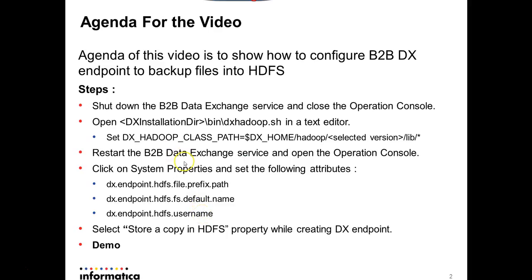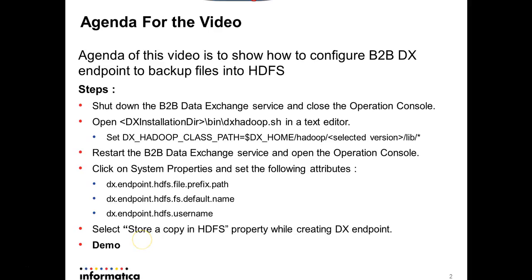properties in your system property tab, after that, the last thing that remains is when you create an endpoint and you want the DX to save that file into HDFS system while the DX is processing the file for further transformation, you have to select this property called store a copy in HDFS property while you create the endpoint.